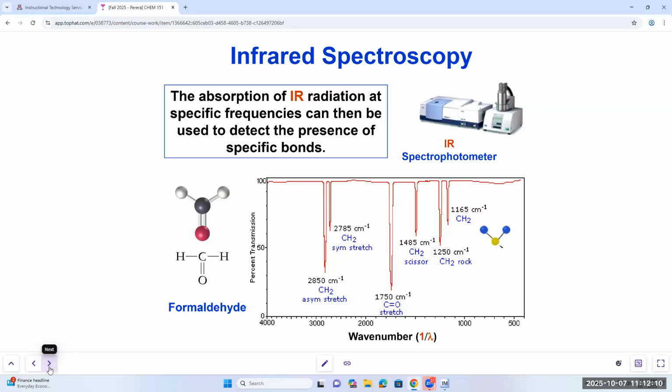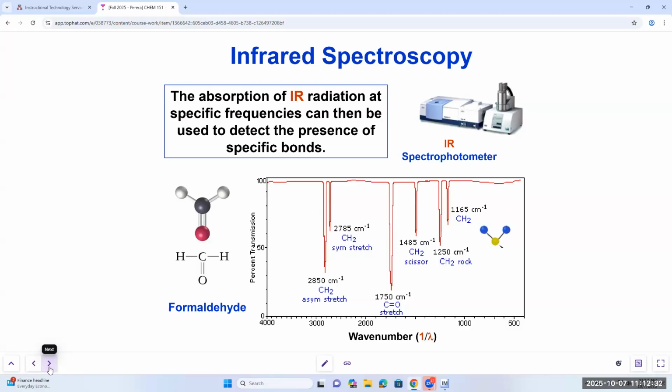And for different CH stretchings, you have different wave numbers as well. So if you can memorize these wave numbers and what bonds they are associated with, then we can determine the bonds in any given molecule.